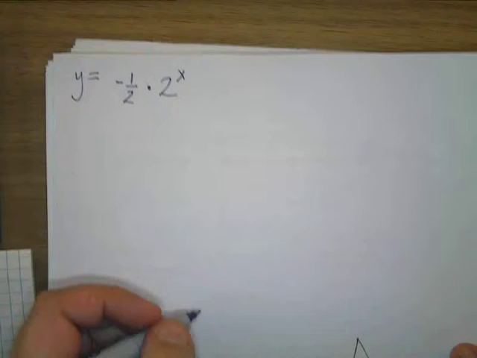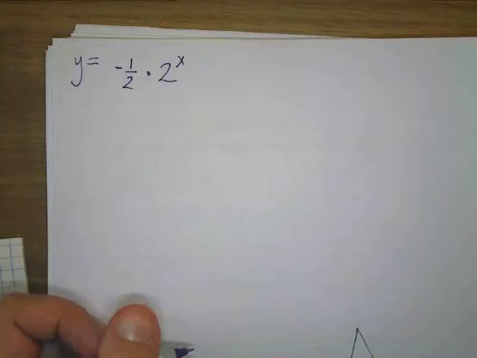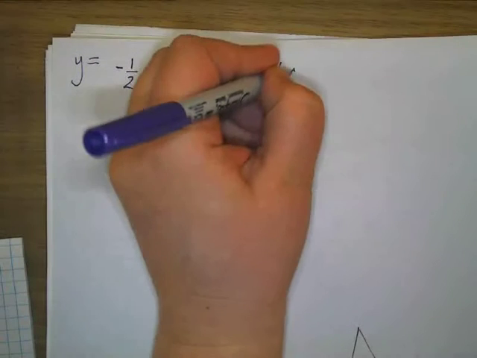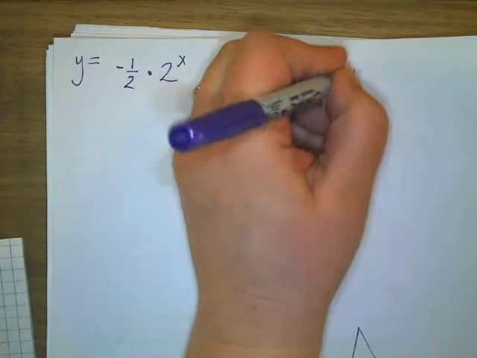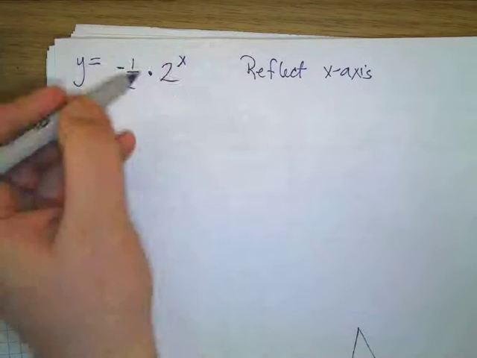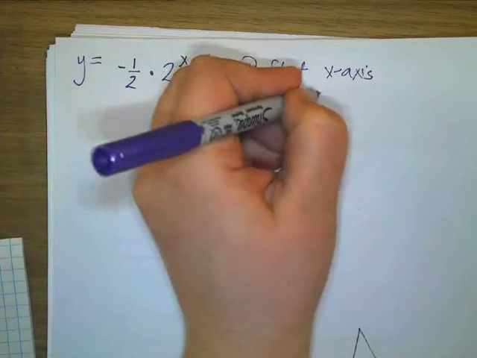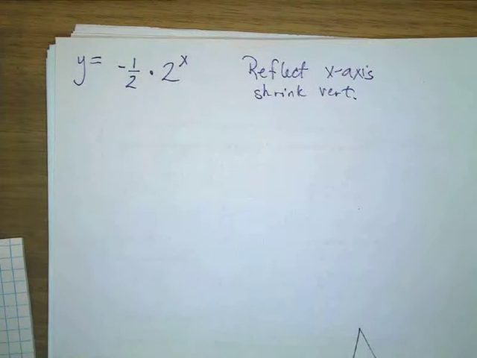Craziness. What happens? What's the negative going to do? The negative reflects over the x-axis, and instead of a stretch, because the number is less than 1, it's going to be a vertical shrink by a factor of 1/2.